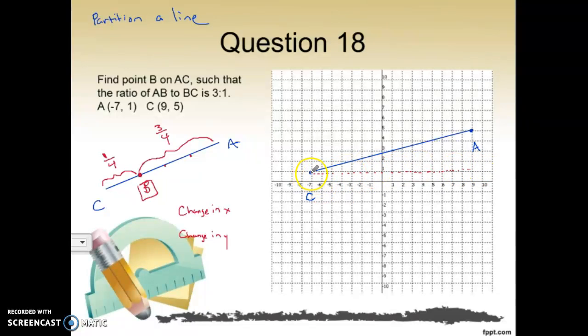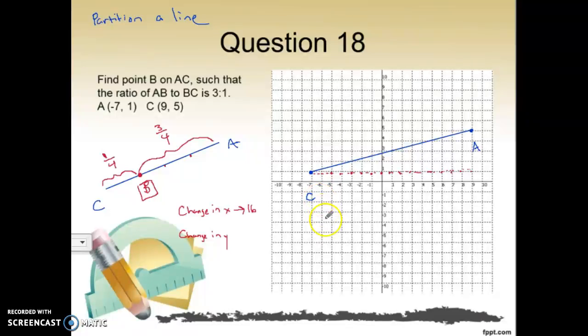I'm going to start at C. The point C will be 0. So I'm going to say there's 1, 2, 3, 4, 5, 6, 7, 8, 9, 10, 11, 12, 13, 14, 15, 16 boxes there. So the change in X is 16.